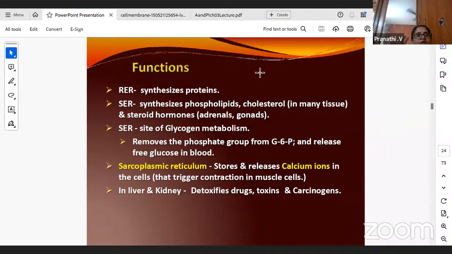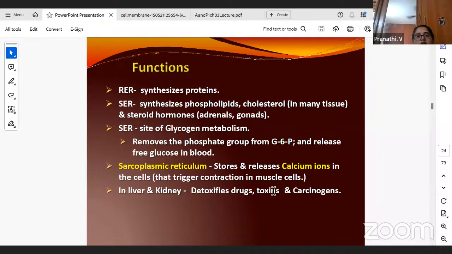So you have different kinds of cells, right? All this muscular contraction is because of the release of the calcium ions. And if it is present in the liver and the kidney, then that is where drug detoxification takes place. Liver is the place wherein whatever toxins get into the body, purification takes place.